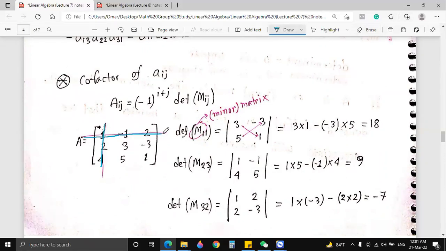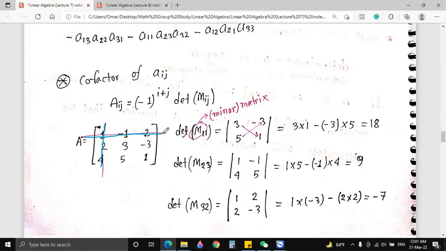We will omit this first row and first column, keeping it out of our consideration. So we get this minor matrix, and now we write it down here: 3, minus 3, and 5, 1.